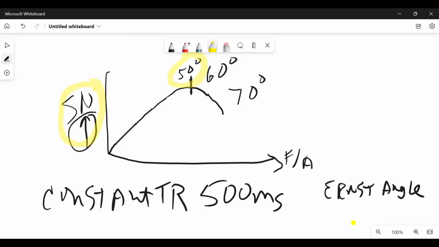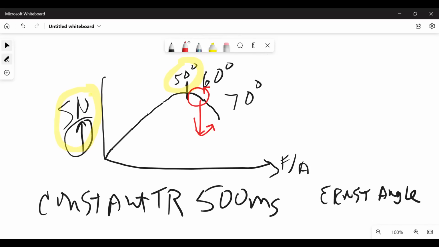And then all of a sudden it is going to start to drop. So any flip angle over 50 degrees, you're going to start losing signal to noise because the tissue doesn't have time to T1 relax.